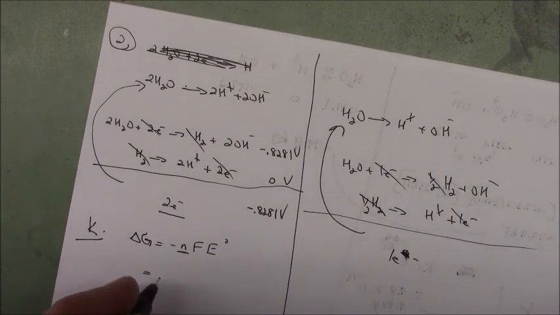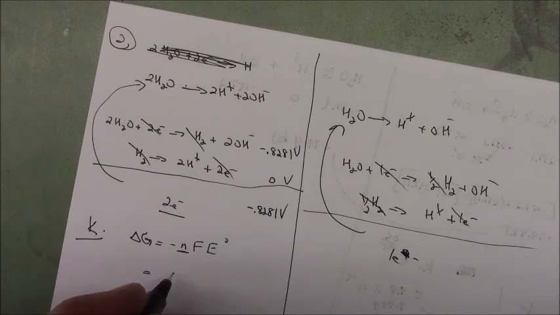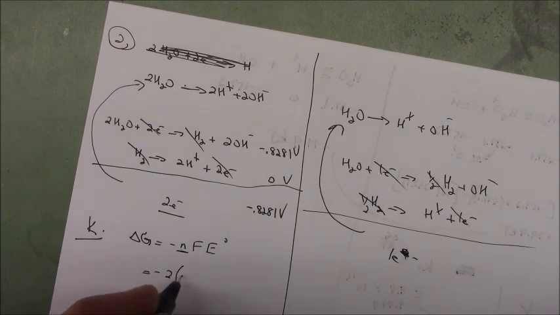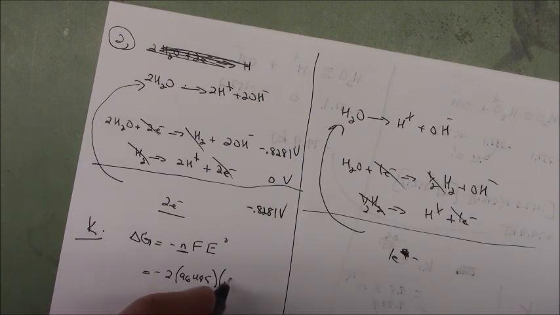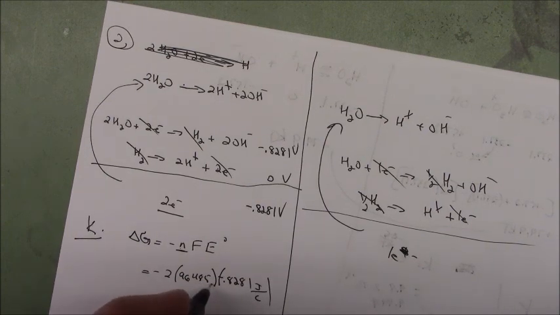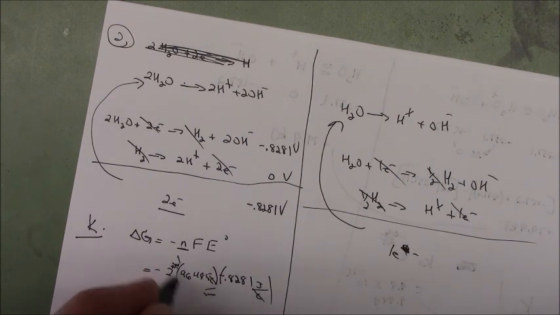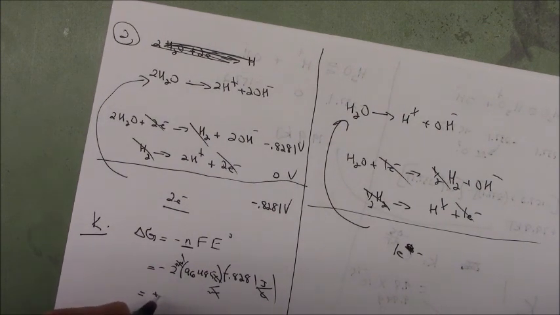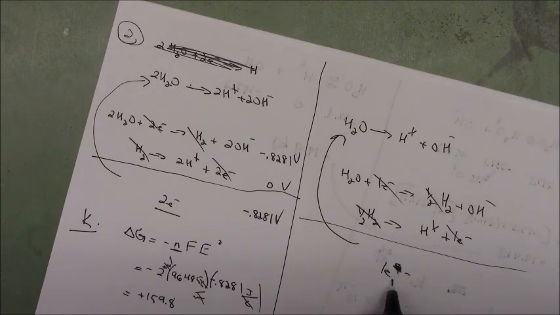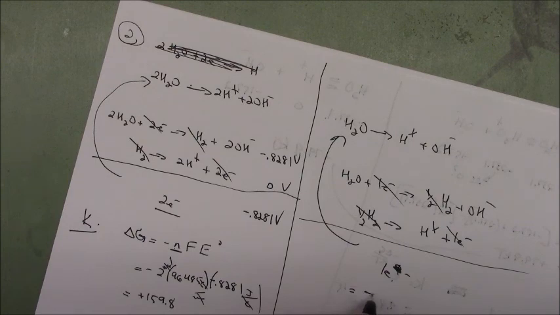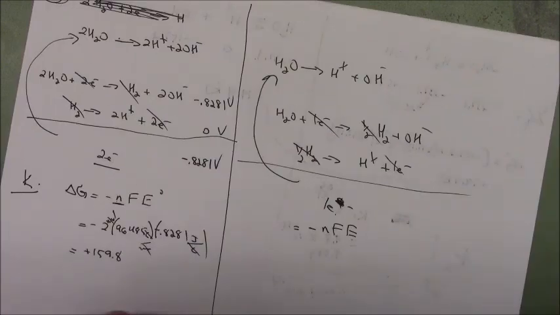Well, I gotta make sure I'm using my calculator right here. This is 2, 96485, and then this is 0.8281, that's a negative, and that's joule per coulomb. This says coulomb per mole. So this is coming out to plus 159.8.